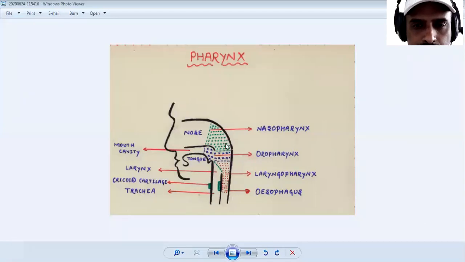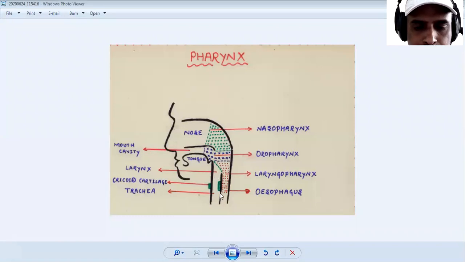First of all, you have to understand the definition of the pharynx. Pharynx is a wide muscular tube, the dotted region, situated behind the nose, oral cavity and larynx. Clinically it is included as one of the upper respiratory passages, where infections are more common.